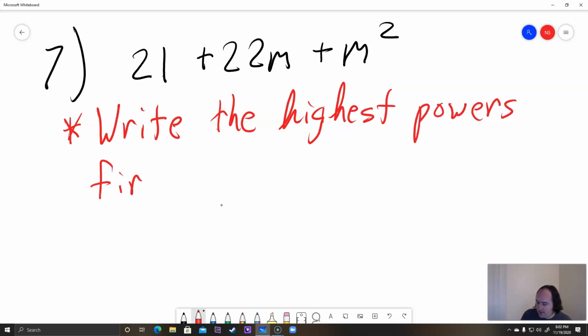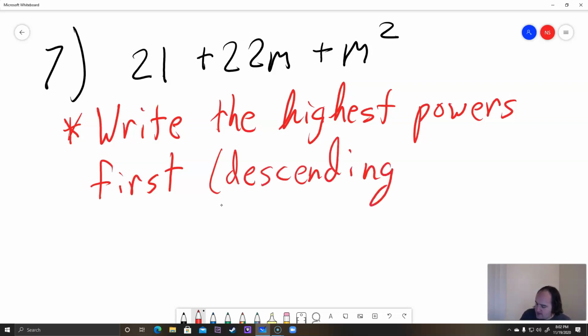And there's a name for that. If you write a polynomial with the highest powers first, that means you're putting it in what's called descending order. It's called descending order because you have the highest power first, and then the next highest power, and so forth. So it's descending in powers as you go from left to right.